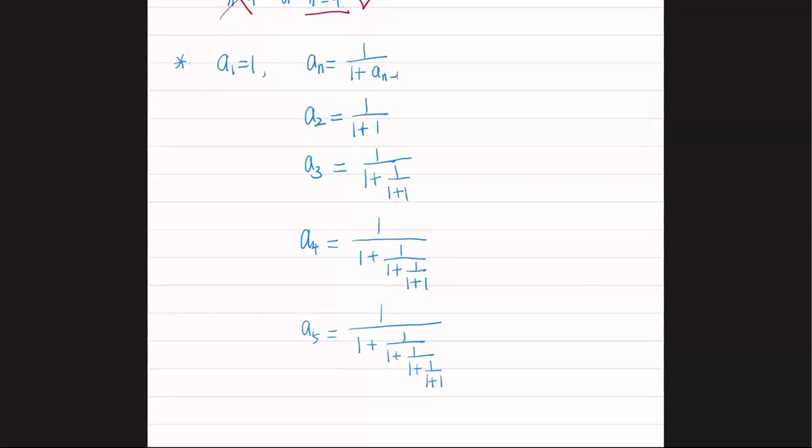Now let's see. A1 and A2, which one is bigger? Zichen? This one is bigger. Let's compare A2, A3, which one is bigger? Sakina.